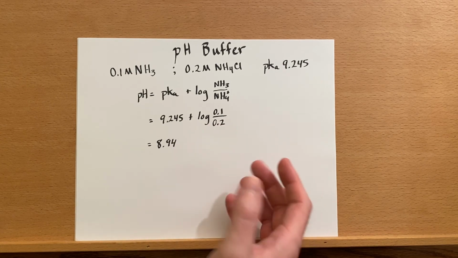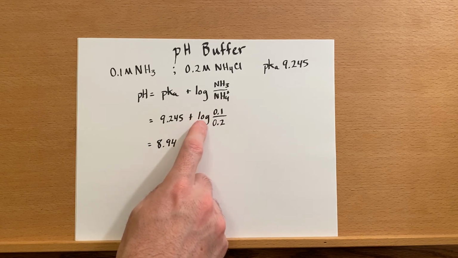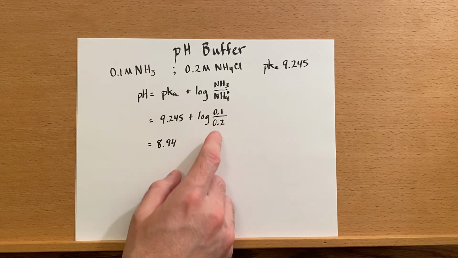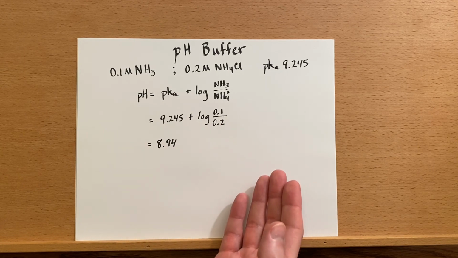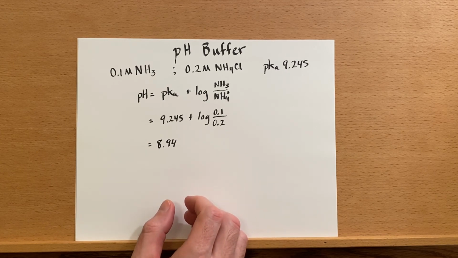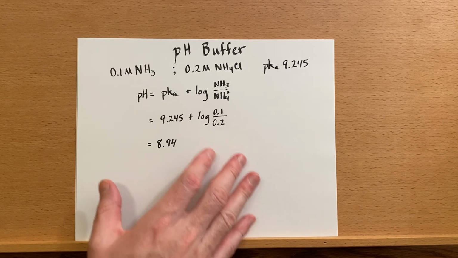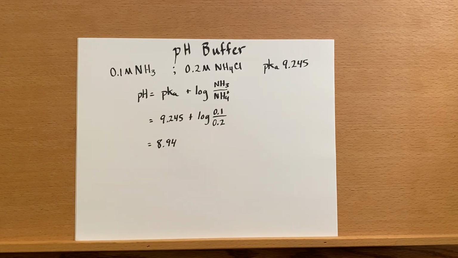Or conversely, if there were no base in the solution, logarithm of 0 is not a defined value. And so you would need to use the Ka expression and an ice table in order to calculate for that. That is a limitation of the Henderson-Hasselbalch equation that doesn't exist in our Ka or Kb values or expressions. So keep that in mind when you're doing calculations like this.